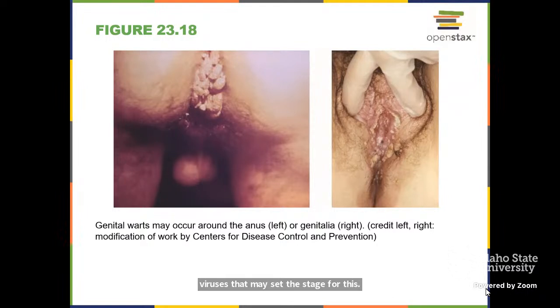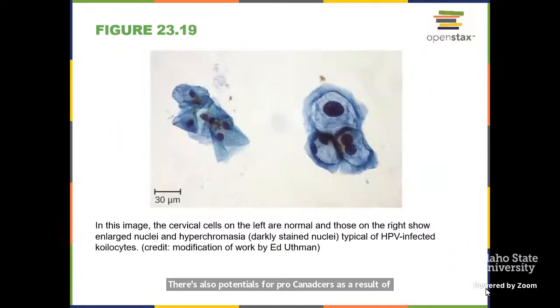So we could see anal or genital warts, which also depends upon the situation and sexual practice, and this potentially sets the stage for cancers, cervical cancer or others. We could see colon, rectal, or anal cancer. There's also potential for throat cancers as a result of these human papillomaviruses.